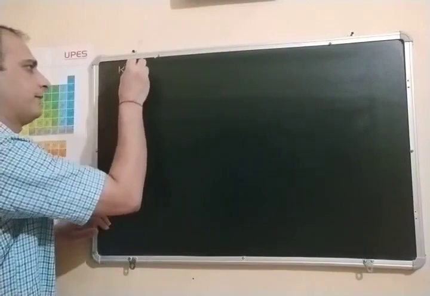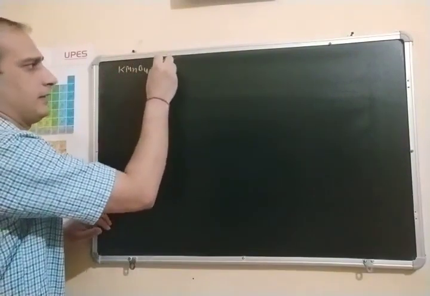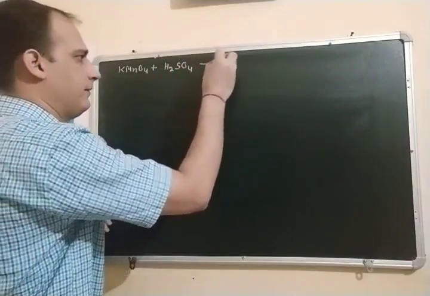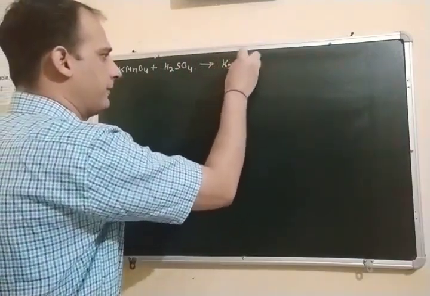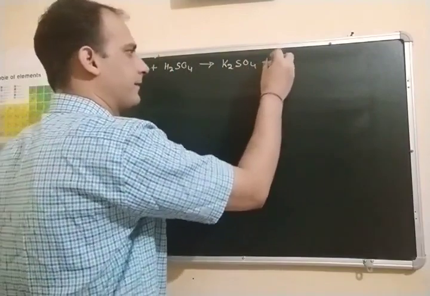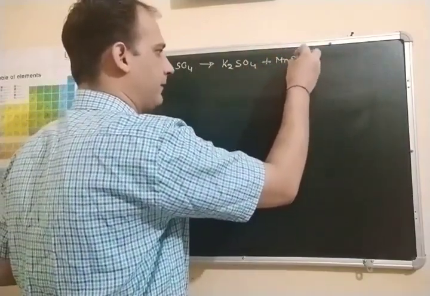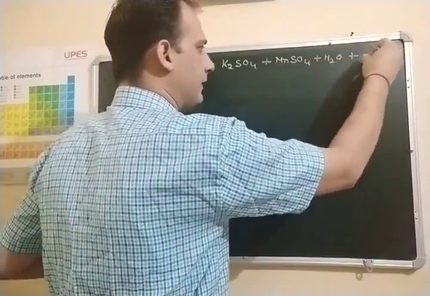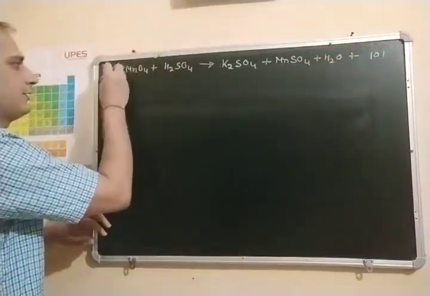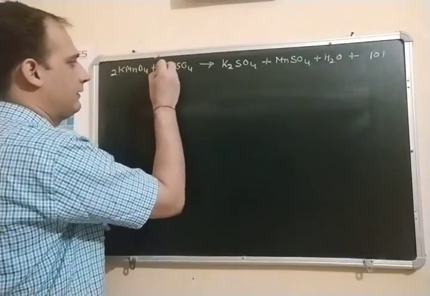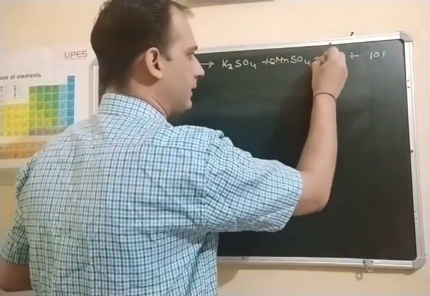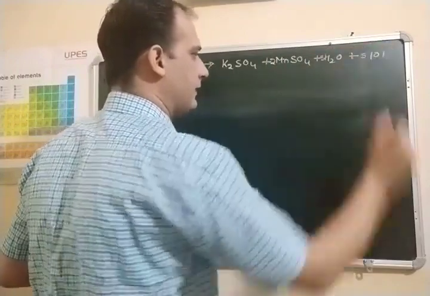KMnO4 plus H2SO4 will form K2SO4 plus MnSO4 plus H2O plus nascent oxygen, and you can balance the equation: 2 KMnO4 and 3 H2SO4, 2 MnSO4 and 3 water molecules and 5 nascent oxygen.